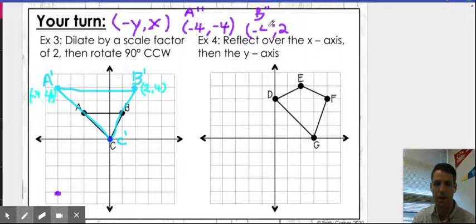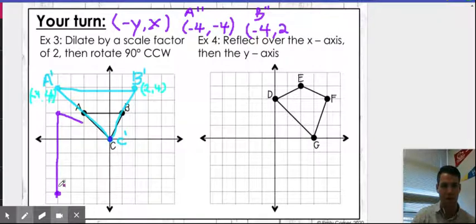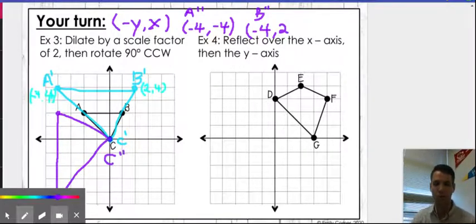So we have -4, 2 as our point there. So -4, 2 will be right here. And we can just connect those A double prime and B double prime to each other, and then connect them to the C double prime. It never moved because it was just at 0, 0. And we have that as a result for that problem.